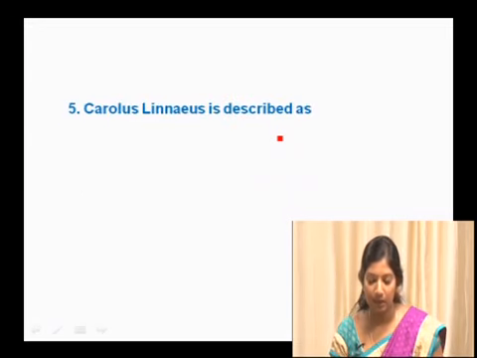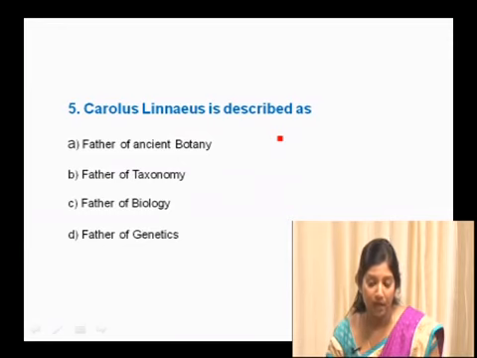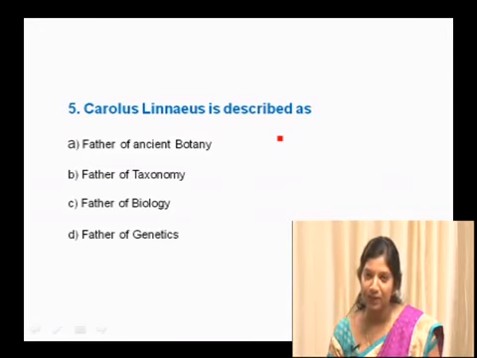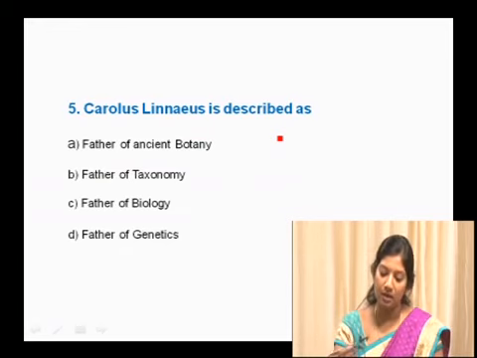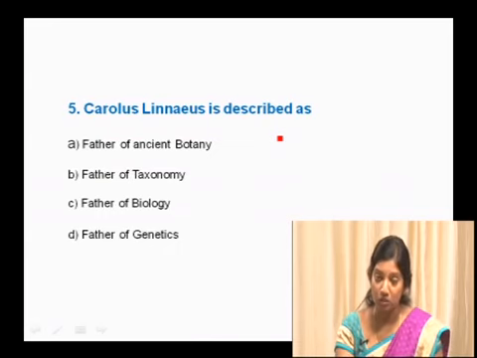Carolus Linnaeus is described as, we can see the options: father of ancient botany, father of taxonomy, father of biology, father of genetics. So here in the beginning itself I had told you that Linnaeus has contributed a lot to taxonomy, classification of living organisms. So Linnaeus is the option which is right among these, father of taxonomy.